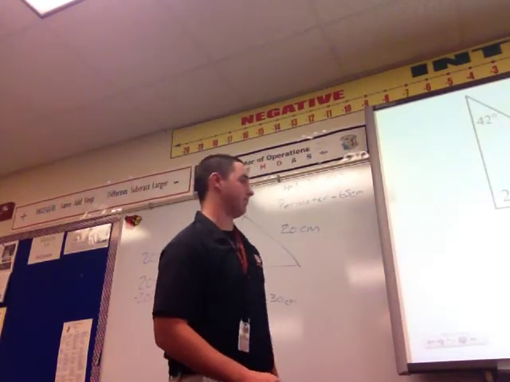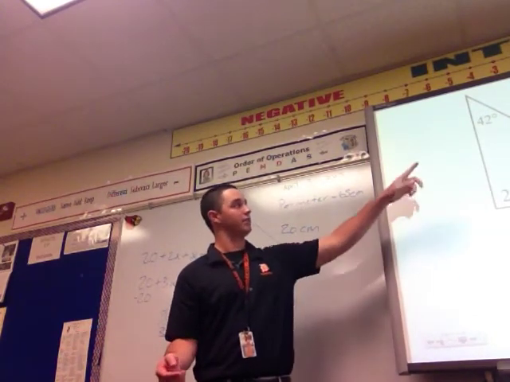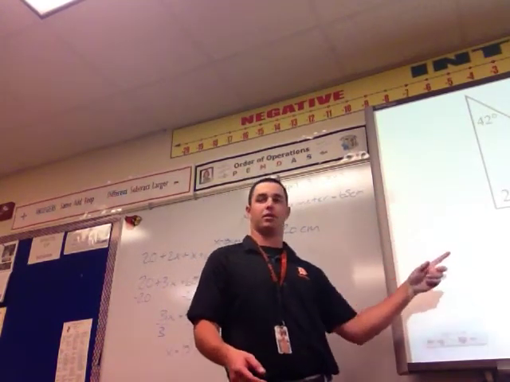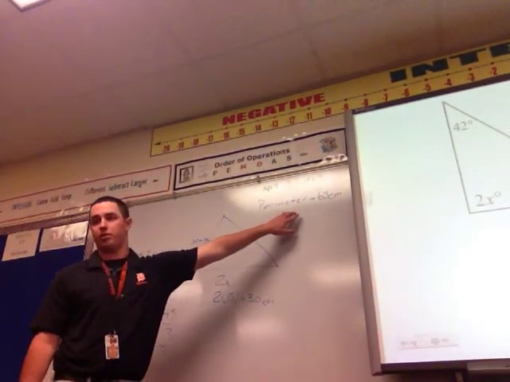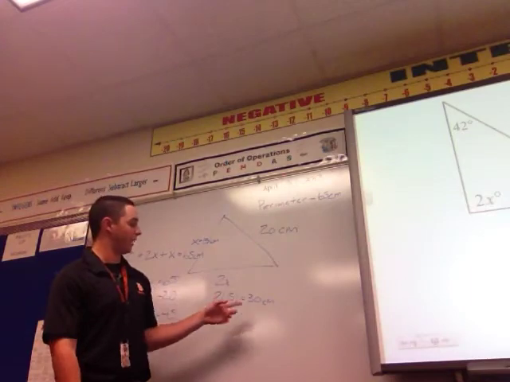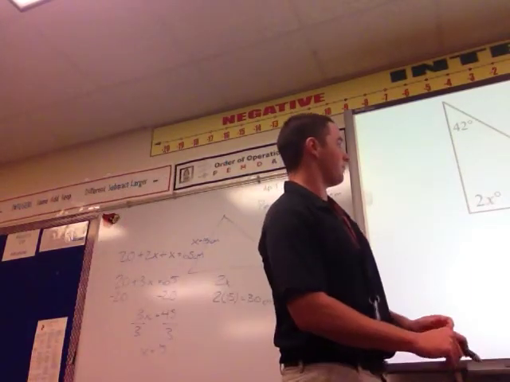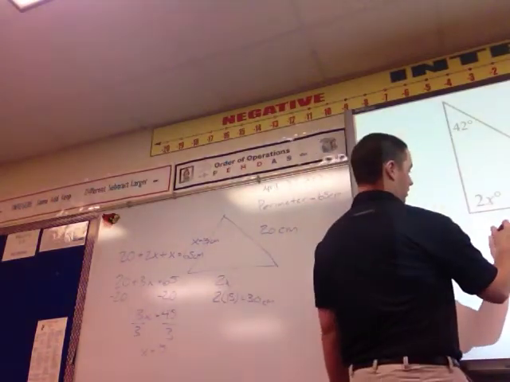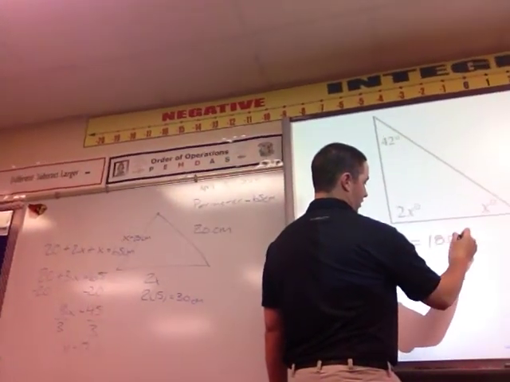Now, like we said before, the angles add up to equal 180 degrees, right? So that is just like the perimeter that we were given. We know that's what our equation is going to equal. So we're going to start with 180 degrees on this side.